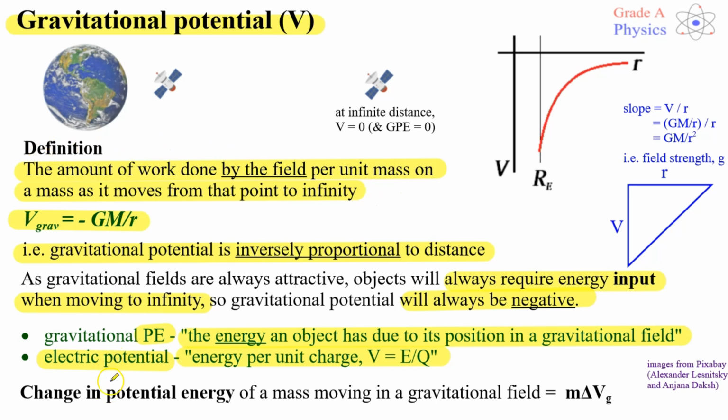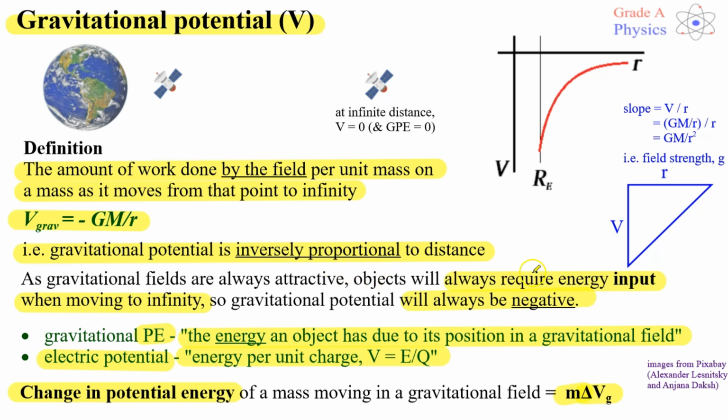Okay, so if we wanted to work out the energy or the work done, or indeed the change in potential energy, all of which are the same things, if we can work out the change in gravitational potential, that's delta V or delta V_g, if we multiply that by the mass, that will give us the gravitational potential energy or the change in gravitational potential energy. Right, so this is very abstract, very difficult. I think the best way to put all of this into context is with a calculation, and we'll do that in a few minutes' time.